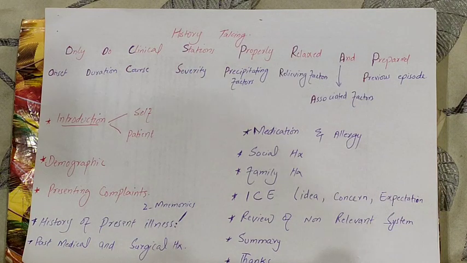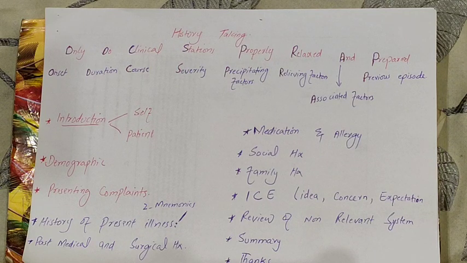Let's start with history taking. First of all, when you come in front of the patient, always remember you should introduce yourself. Never ever touch or take any history from a patient before your introduction. It will really be your blunder if you do it without any introduction.